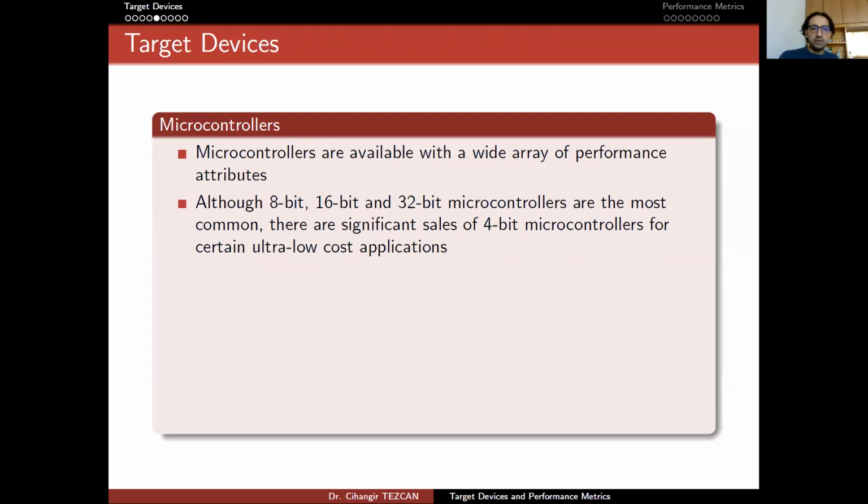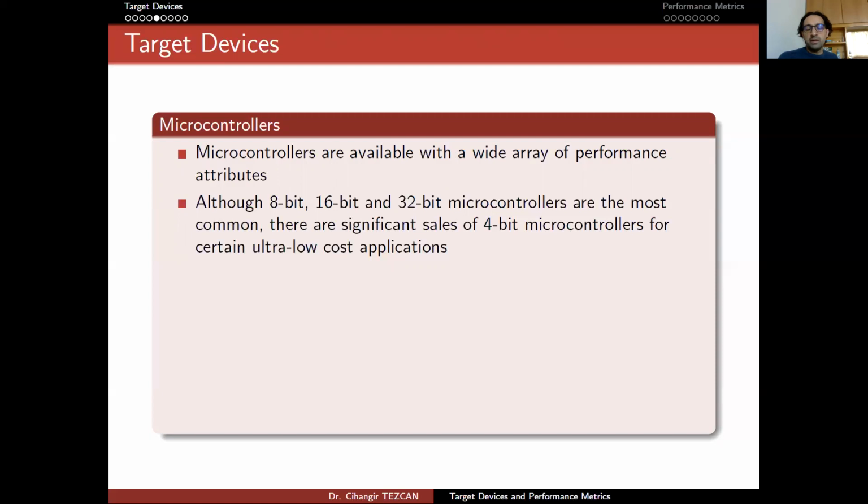Let's look at microcontrollers first. Microcontrollers are available with a wide array of performance attributes. Although 8-bit, 16-bit, and 32-bit microcontrollers are the most common, there are significant sales of 4-bit microcontrollers for certain ultra-low cost applications.